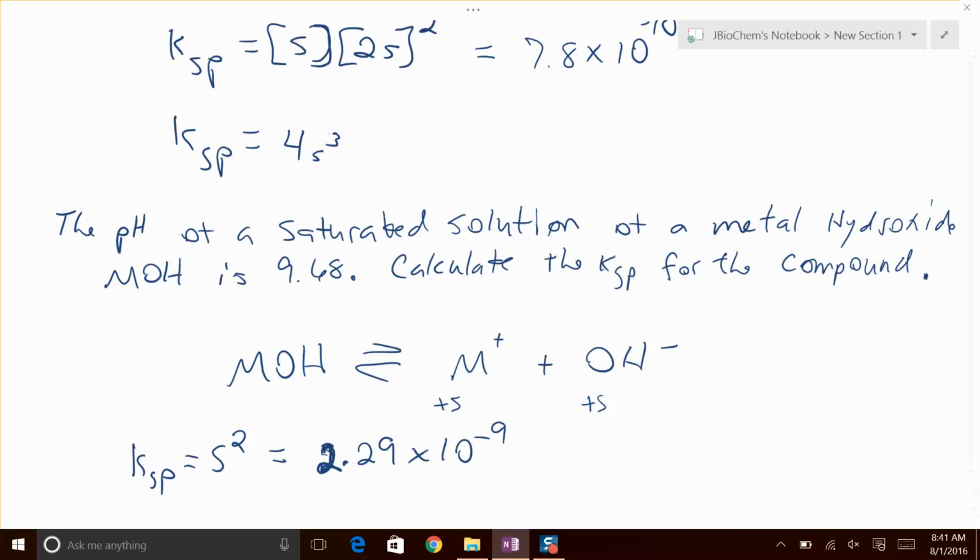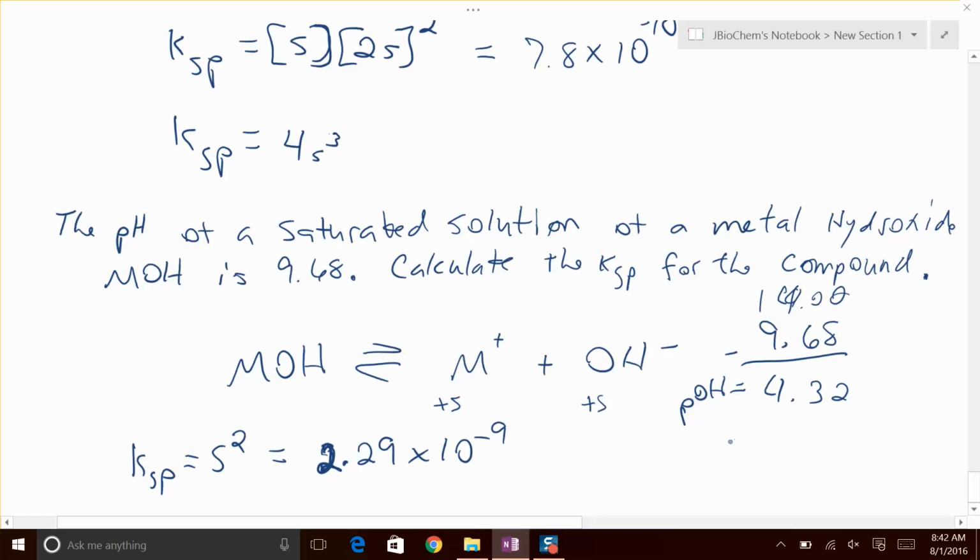Sure. So here we have the metal hydroxide is going to dissociate into this metal and the hydroxide, okay, at equilibrium, because it's a saturated solution of it. So the molar solubilities here are s and s, okay? So the Ksp is going to be s squared, okay with that? So here we take 9.68, which is our pH, and we take 14.00 minus that, and we get what? What's the pOH? 4.32, okay? That's my pOH.